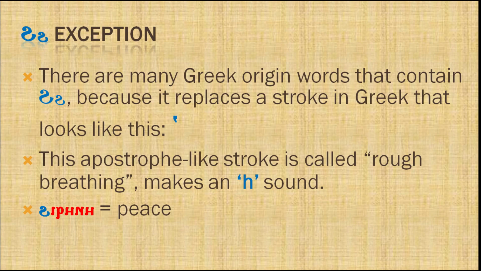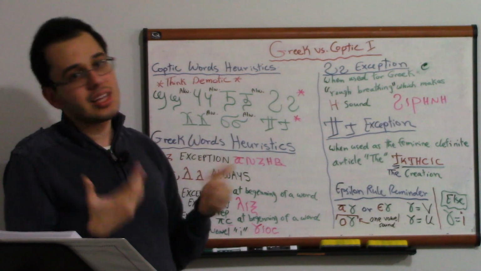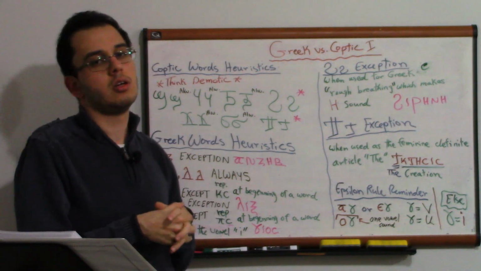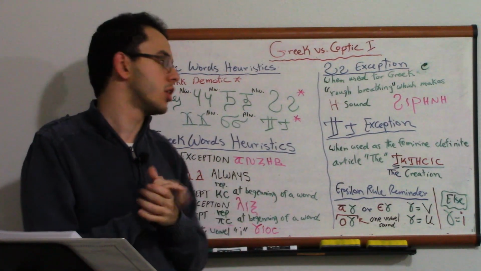So instead of importing another letter and adding to the Greek letters, since we already need to capture the H sound in Coptic, you just put the Hori for that rough breathing, and it will still make the H sound because Hori makes an H. So why add more letters if you can capture it with a Coptic letter? And so this is why if the word has a Hori in it, it may not necessarily be a word of Coptic origin, but more likely than not it will be of Coptic origin, okay?